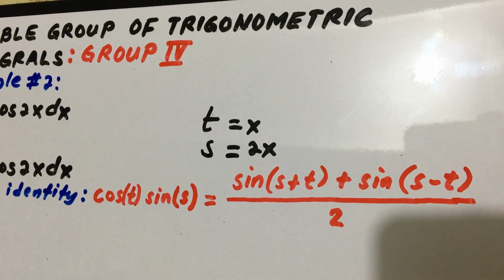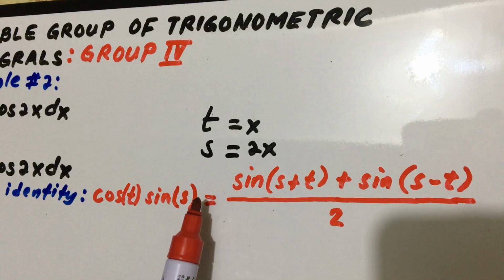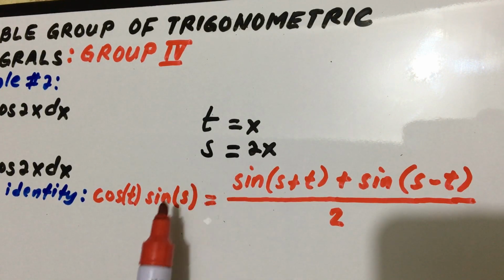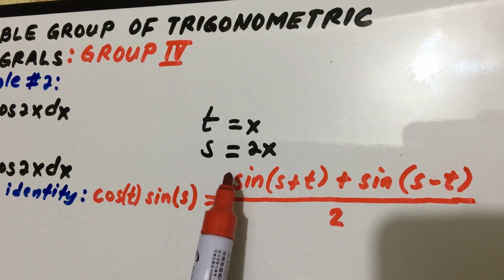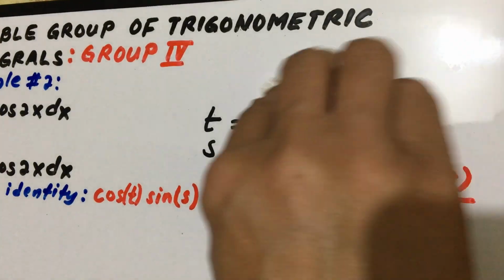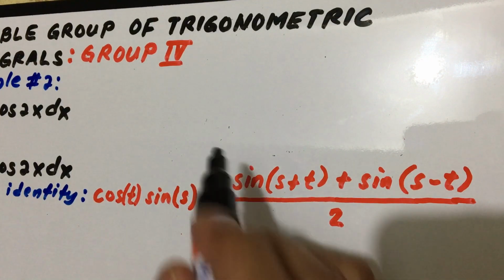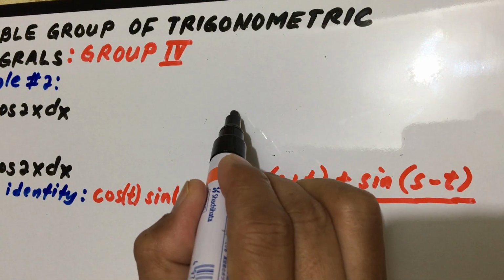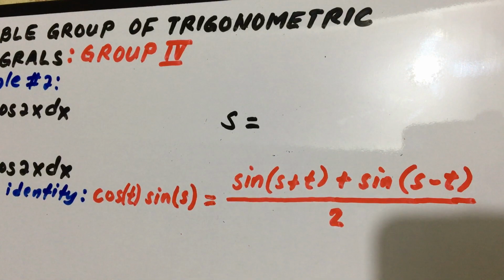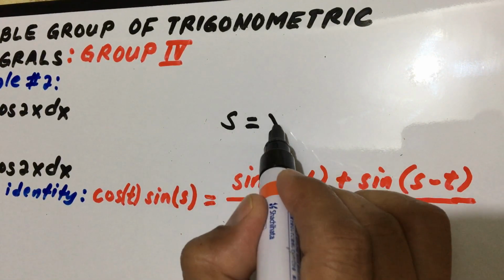Cosine t times sine s. Our s here is after sine, so our s is equal to x.